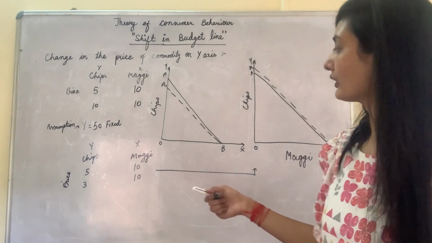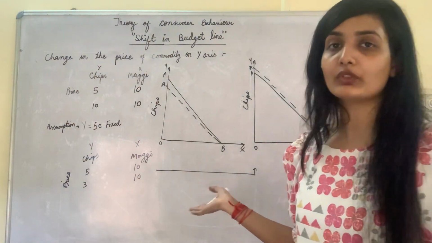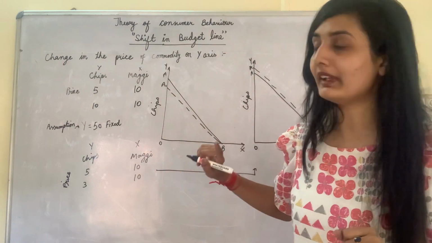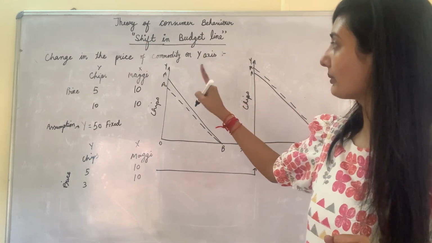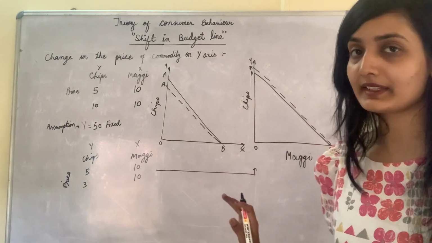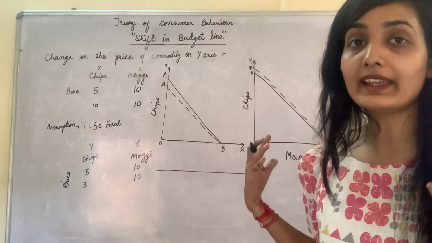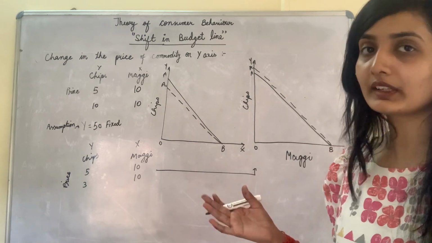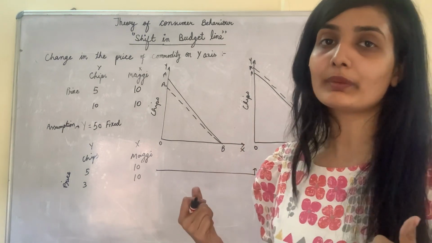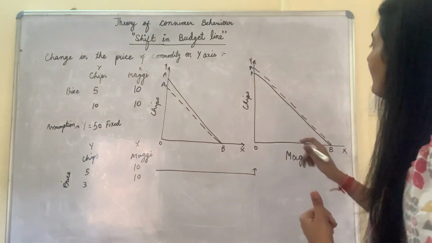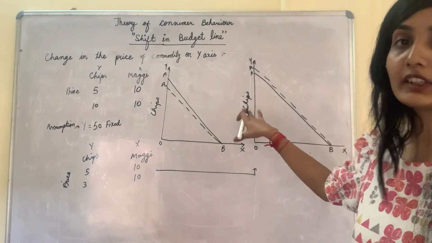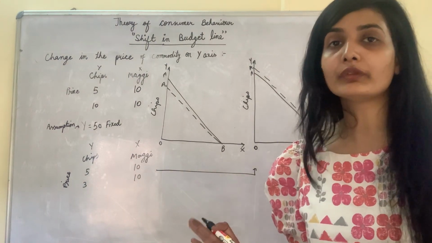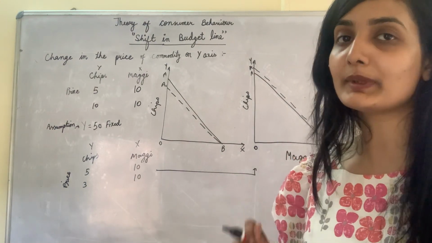And we will purchase Maggi as whatever we were purchasing from the very first point, when we took the price of the commodity on the y-axis. As our income is fixed, we will decrease or increase consumption based on the prices. So we are able to purchase more packets of chips. I hope you got the clear meaning of shift and rotation in the budget line.